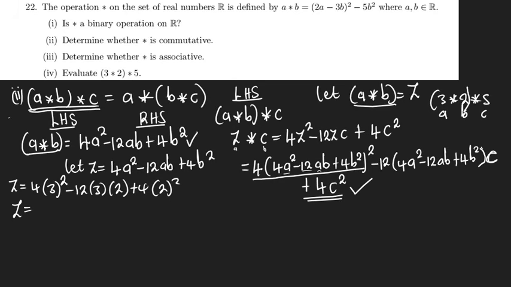So we have 4, then 3 power 2 minus 12, then 2, then 3, and then we have plus 4, open bracket 2. Okay, so we're getting a negative 20 there.